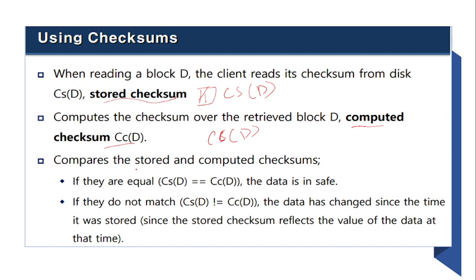When CS of D is equal to CC of D, then the data is safe. If this checksum does not match, the data is corrupted. So this is all about the checksums.